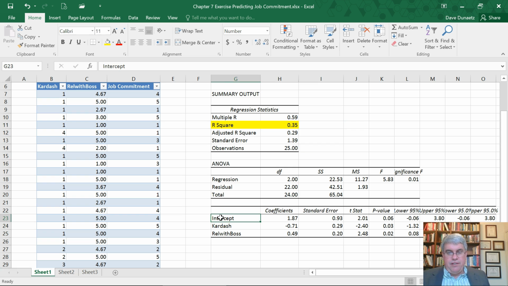And then we have the coefficients and the intercept down here, and we need that information, and we can put this together into the equation.